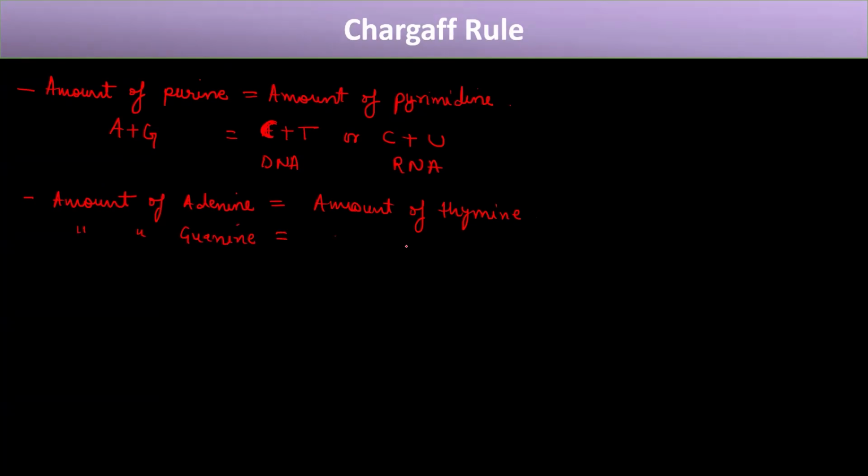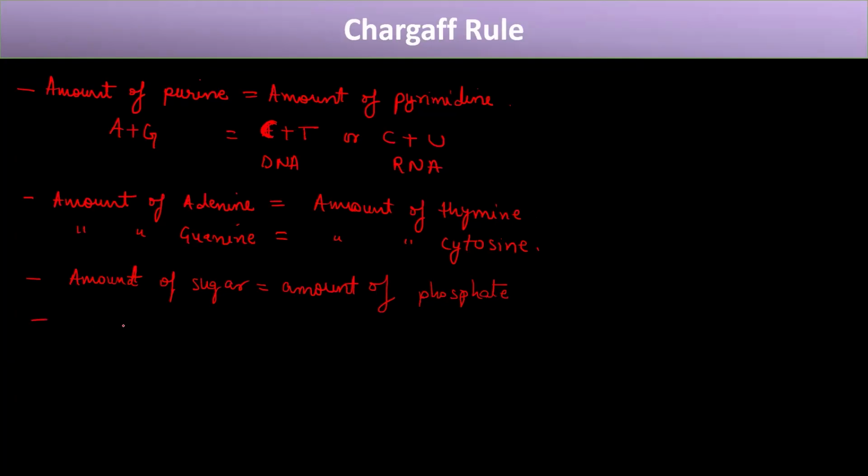The amount of guanine will be equal to amount of cytosine. Okay. With this comes certain numericals. Then the third important thing is amount of sugar equals to amount of phosphate. That is true. You can see from the structure, right? Because the phosphate is attached to each sugar. Hence, the amount of sugar equals to amount of phosphate.